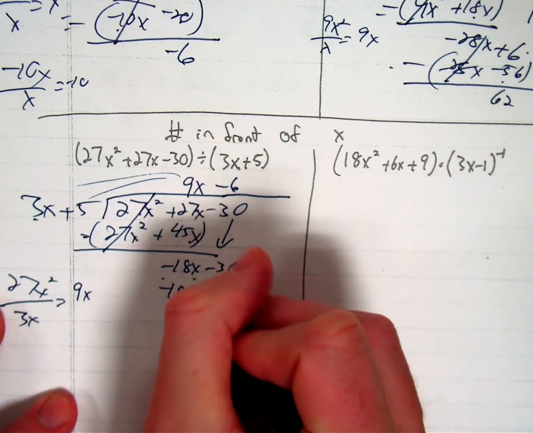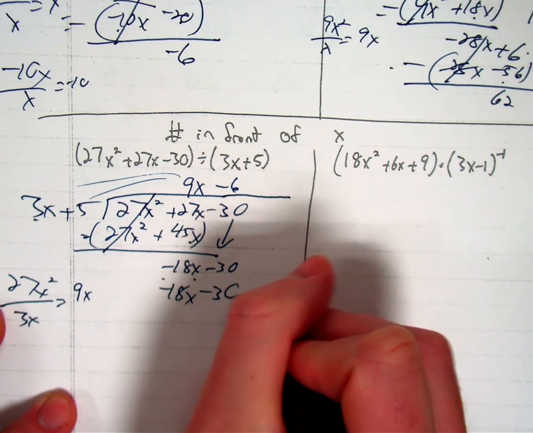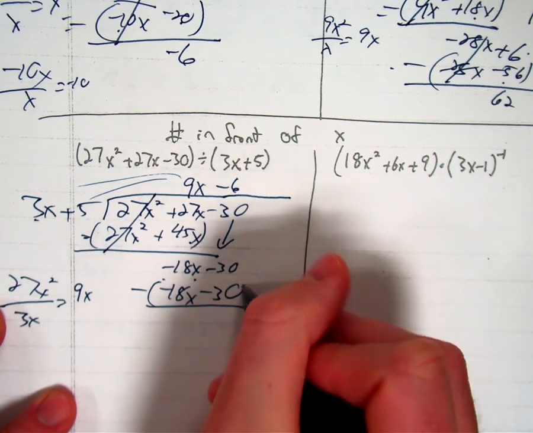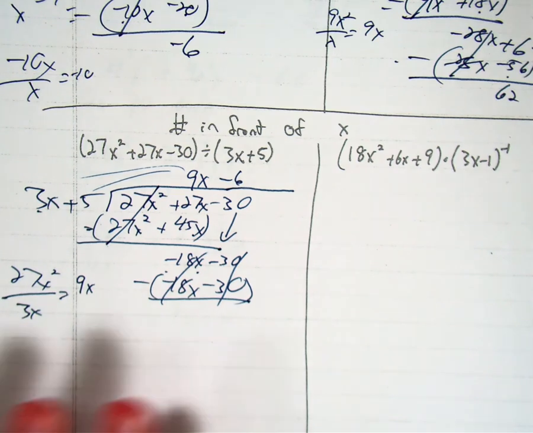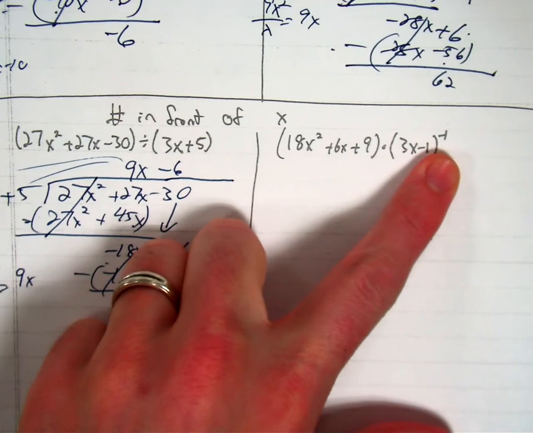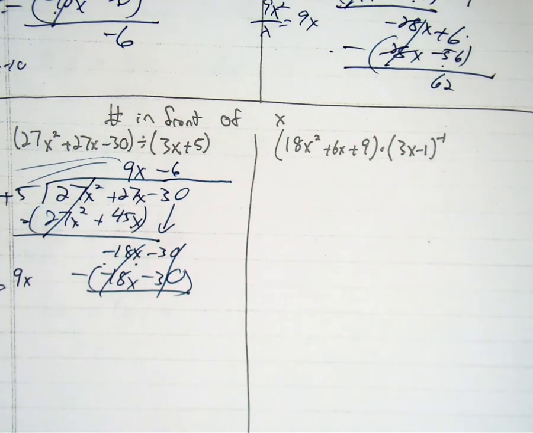Multiply it back. Ooh, no remainder on this one. That's nice. Okay, one for your own to try. The last one, remember that times parentheses to the negative 1 is essentially the same as dividing. So go ahead and divide 18x squared plus 6x plus 3 by 3x minus 1.